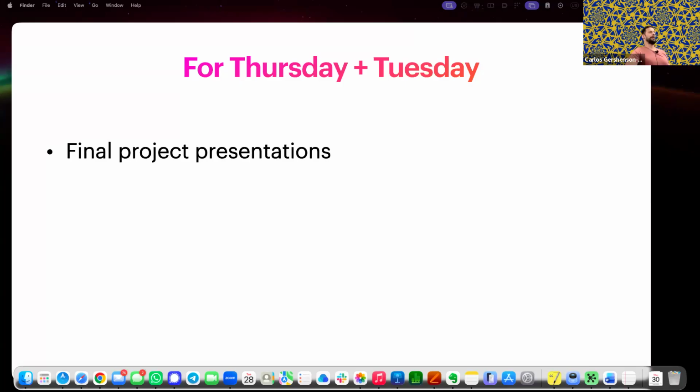It might be that you haven't written any of the paper and you'll rush in 2 weeks. So it's not such a big difference if you present on Thursday or Tuesday. I'll see how many projects we have and how many should go on each day.